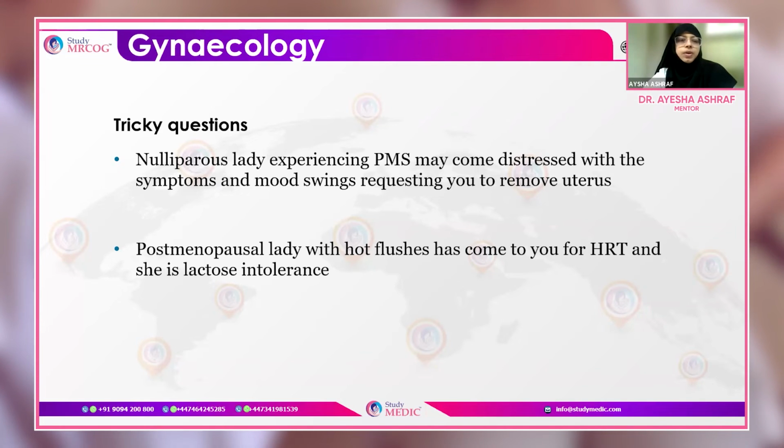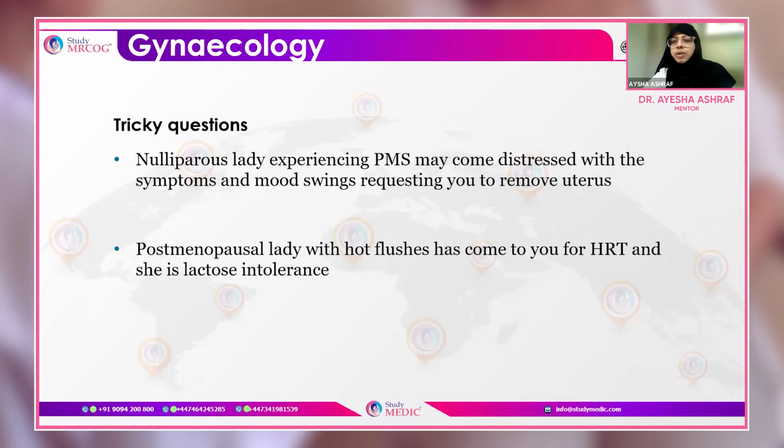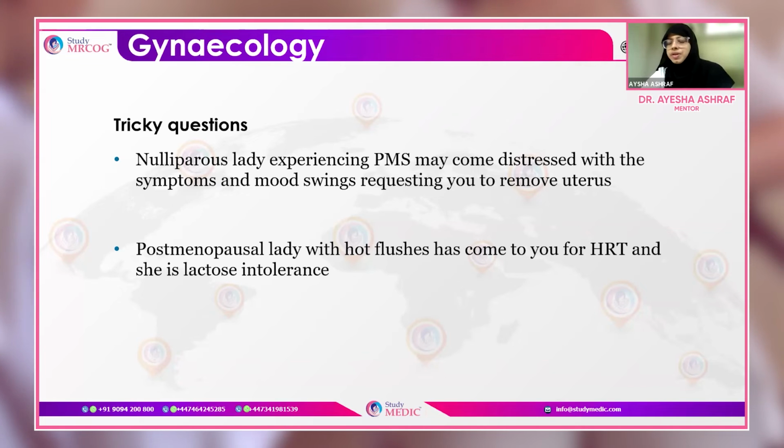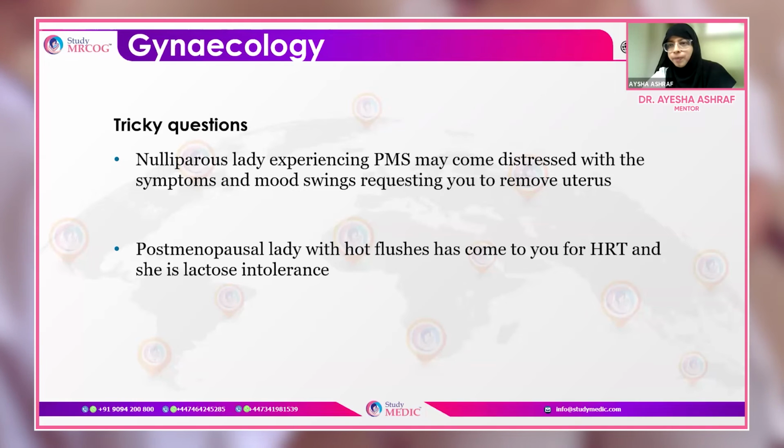Okay, so the first question about gynecology is a nulliparous lady experiencing premenstrual syndrome who may come to you distressed with her symptoms and mood swings, requesting you to remove her uterus. So how do you go about this station? First of all, you have to be empathic towards this patient. Introduce yourself, make an agenda, and ask her what is bothering her, how it is affecting her quality of life.